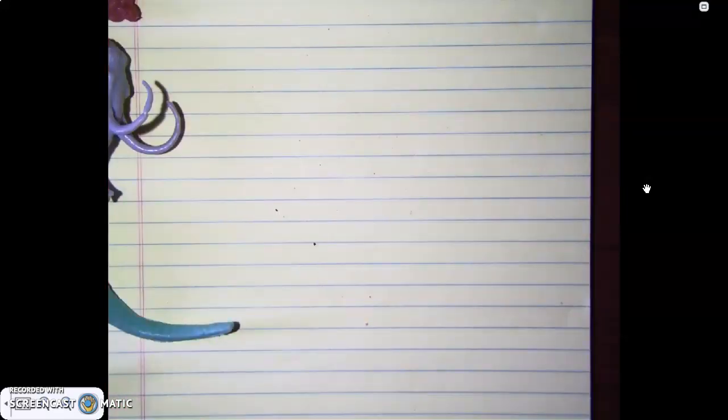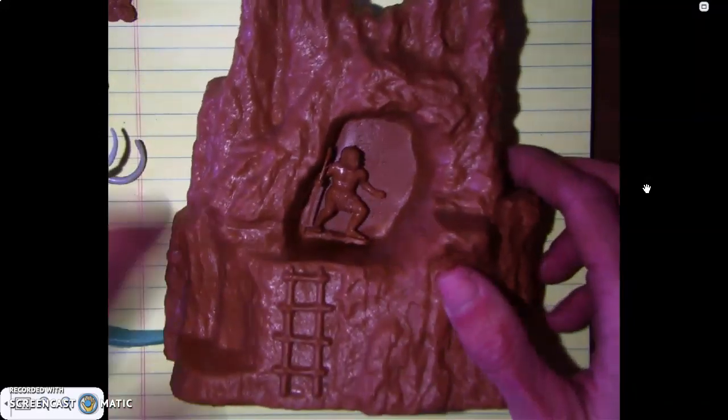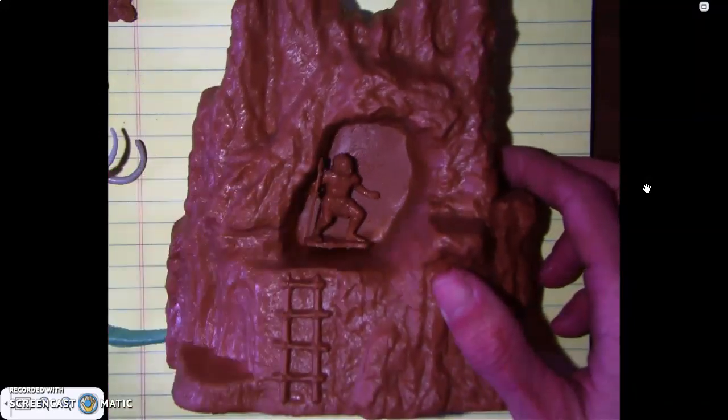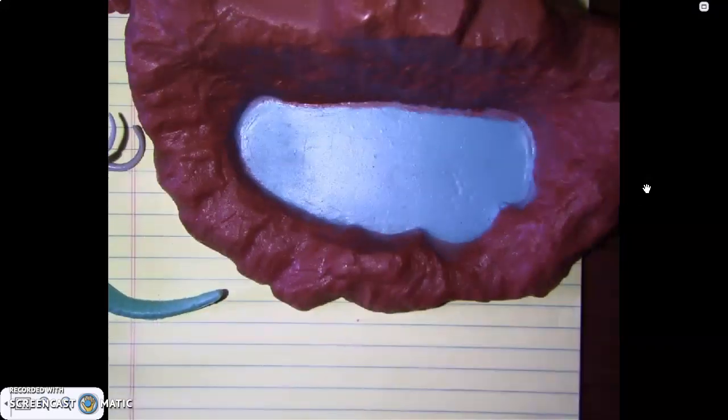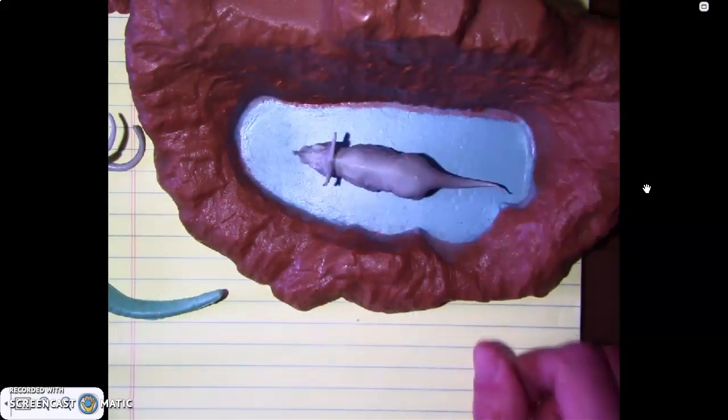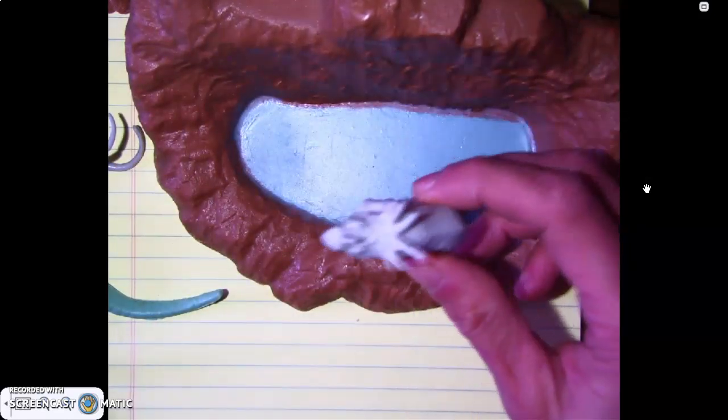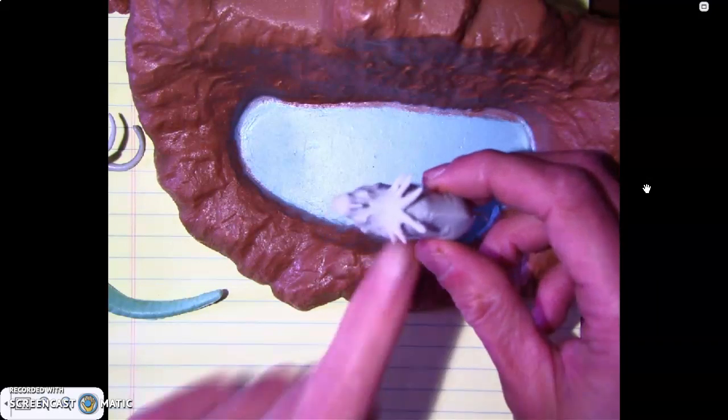The kit also came with other things too. It came with a plastic cave where you could put your early people and just kind of pretend that they all lived together. Of course they didn't. It had a little plastic lake where your dinosaurs could go swimming. Here we have a form of Triceratops with many horns.